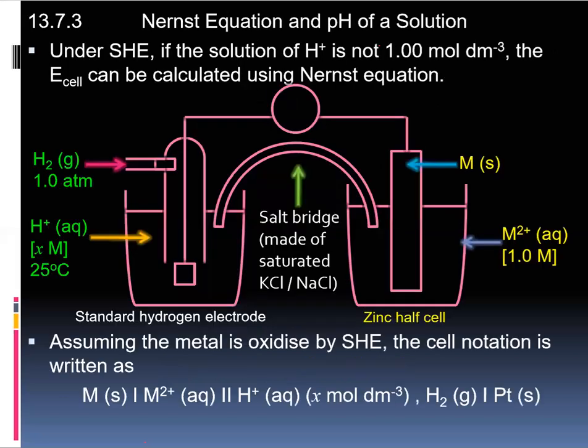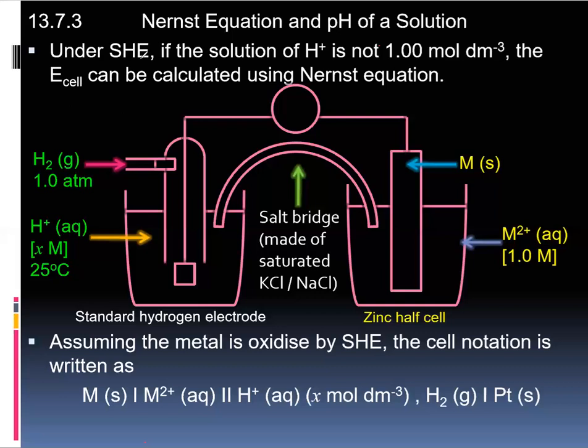Next, the Nernst equation and pH of a solution. Under the standard hydrogen electrode, if the concentration of H plus is not 1.0 mole per dm³, the E cell can be calculated using the Nernst equation. Normally, when we have a standard hydrogen electrode, it's supposed to have an E cell value based on 1.00 mole per dm³ concentration.